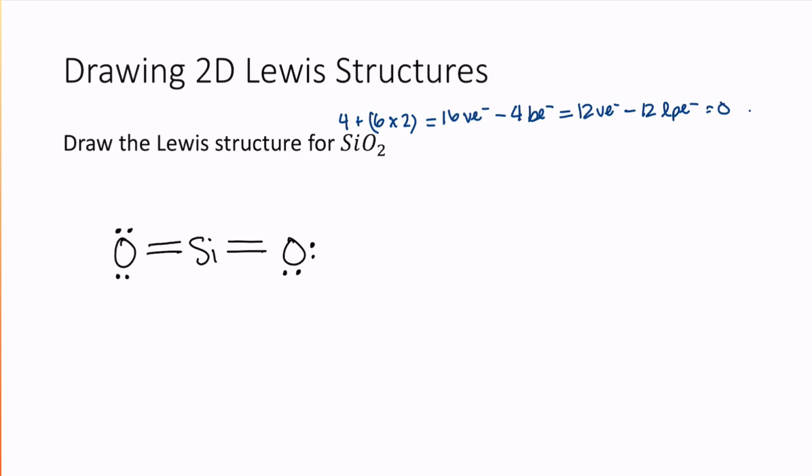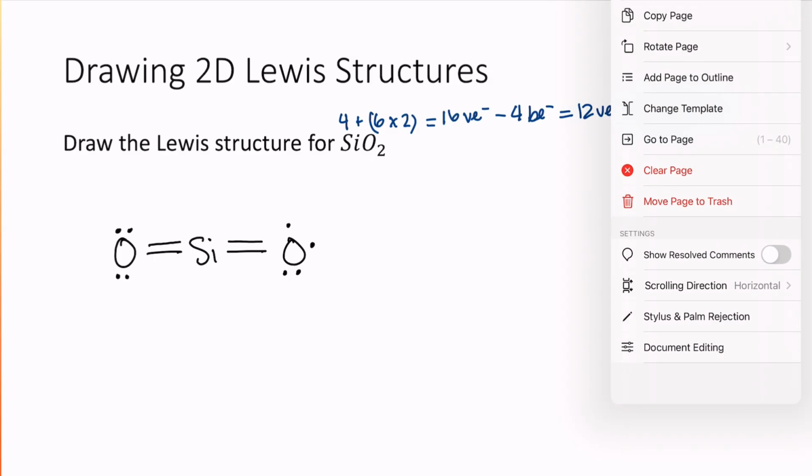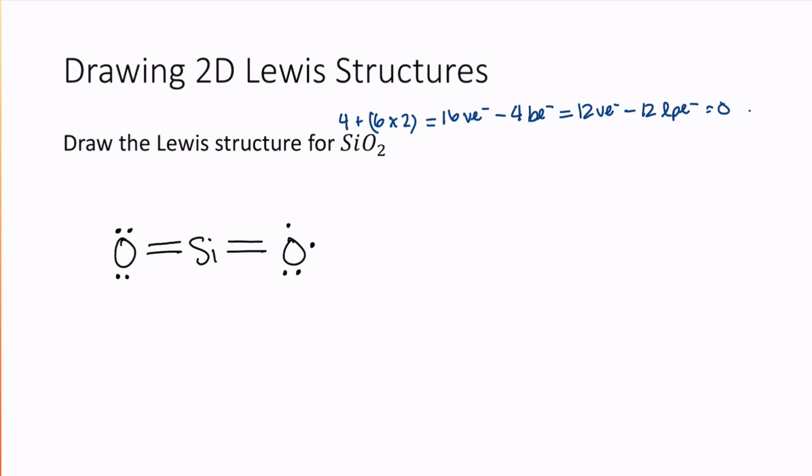You do need to make them a pair though. So we cannot write our lone pairs, 1 electron here and 1 electron here. These are no longer lone pairs, they're free radicals. SiO2 does not have any radicals, so that means I have to write them as lone pairs.